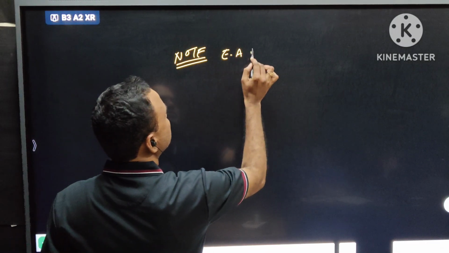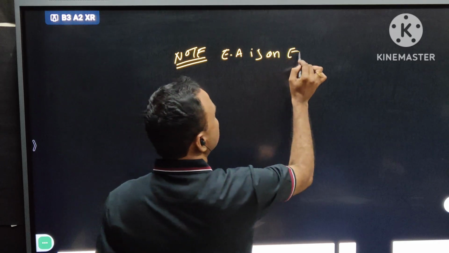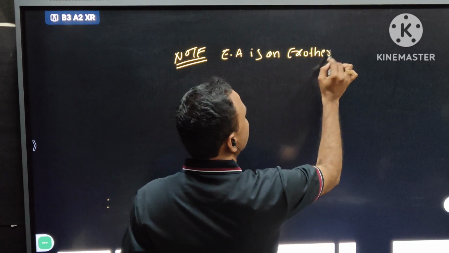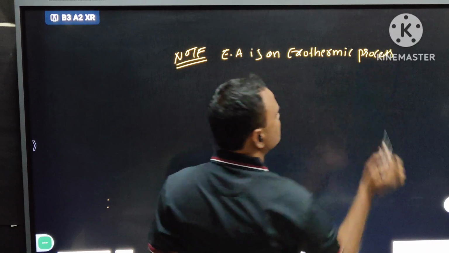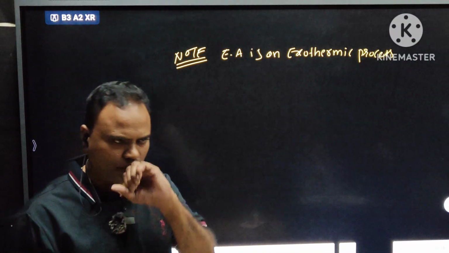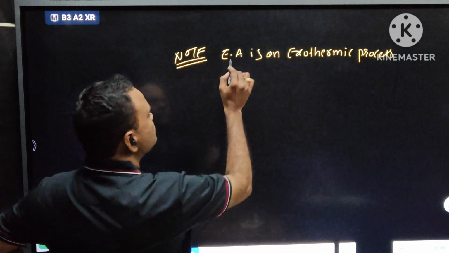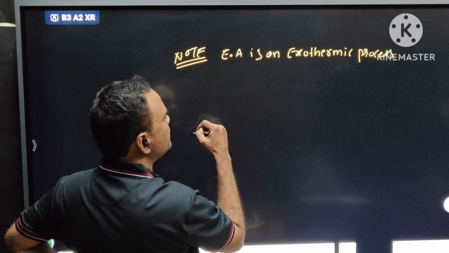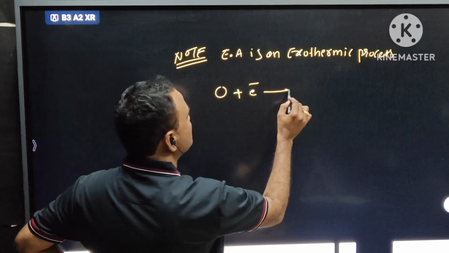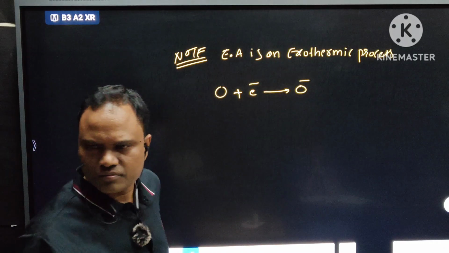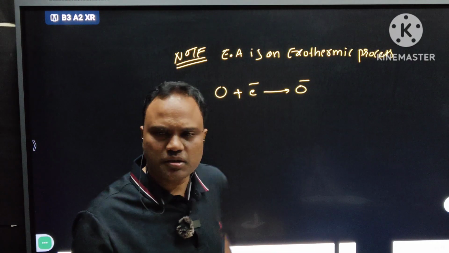Electron affinity is an exothermic process. I am taking one element, oxygen, and adding one electron to form O negative.